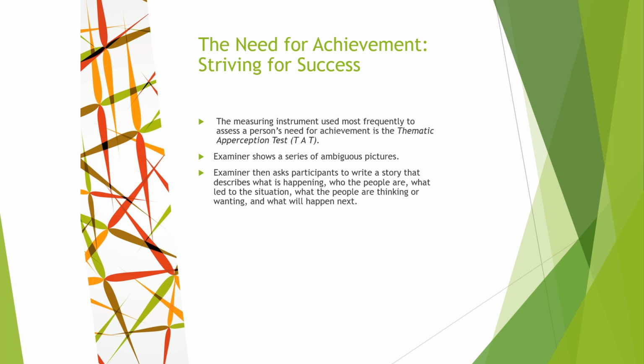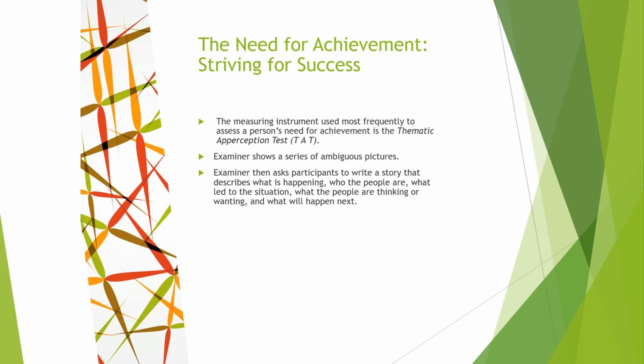And they're going to ask the individual to write a story that describes what is happening in that ambiguous picture. Who the people are in the picture, what led to the situation, and what the people are thinking or wanting. And then also what will happen next.